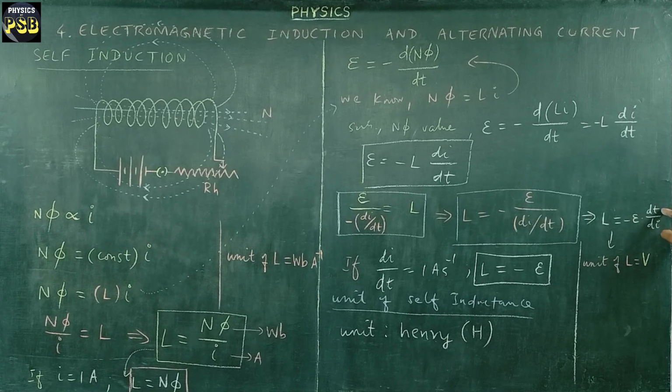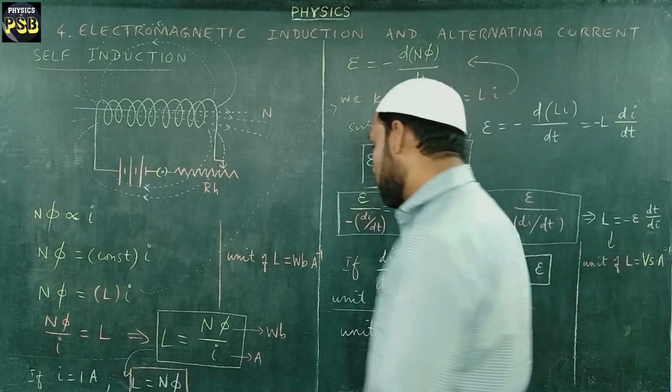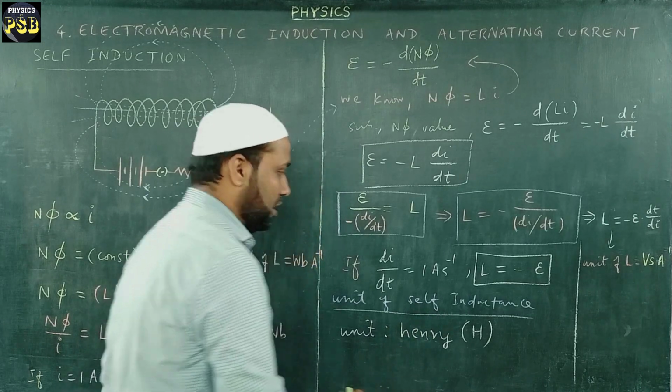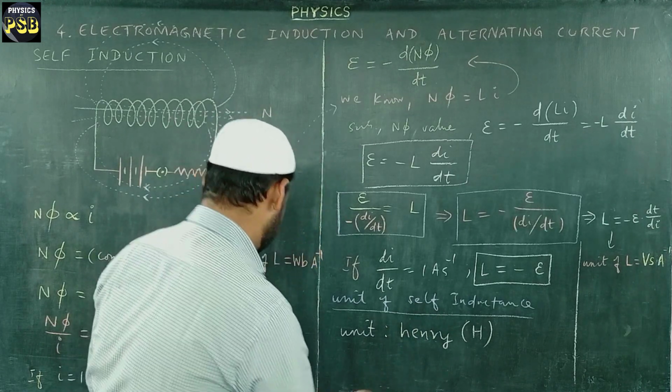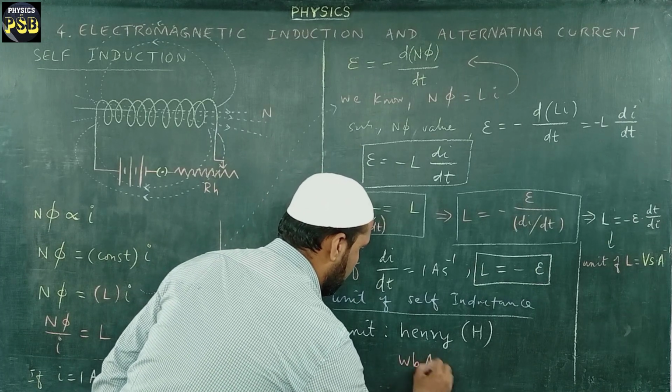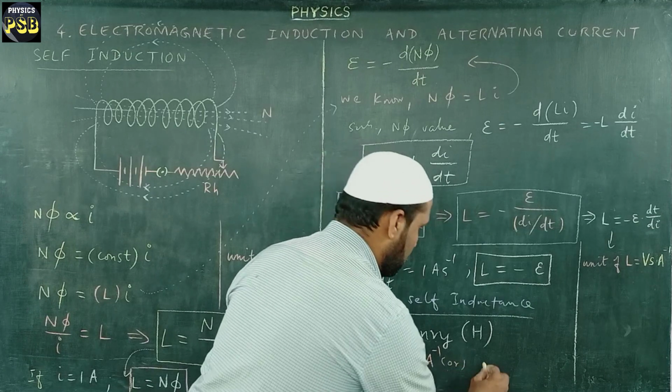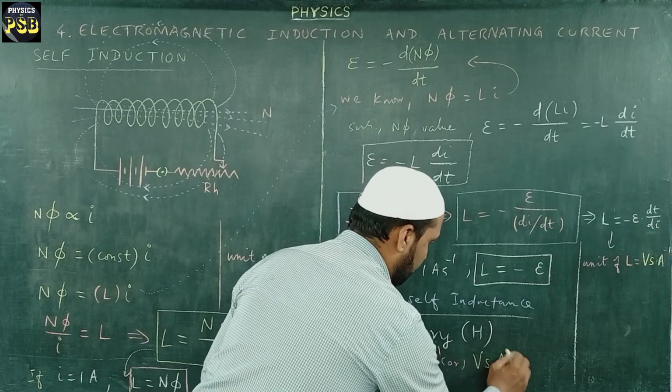Time is measured in seconds, and we have current in the denominator, which is measured in ampere. So volt second per ampere is the alternate unit of L. So one can also measure self-inductance in these units: Weber per ampere or volt second per ampere.